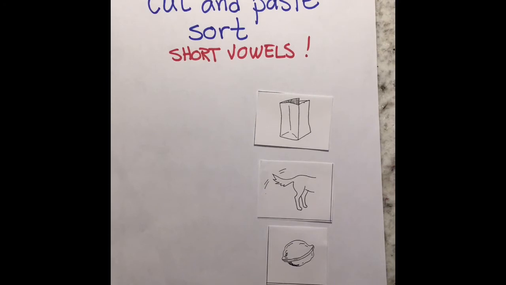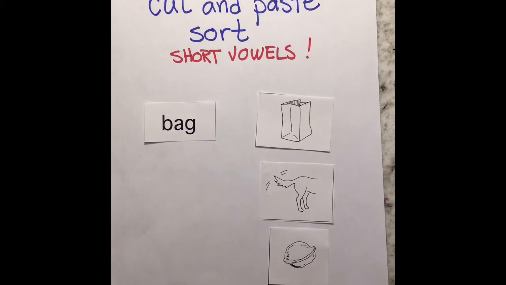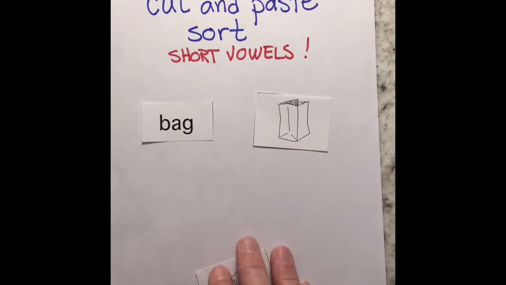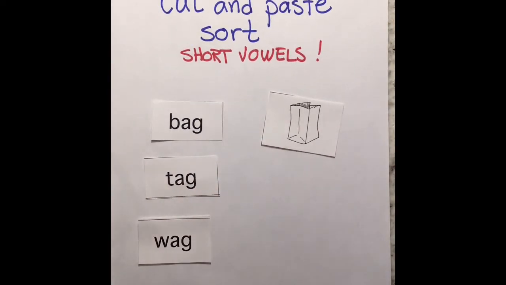And so the way a cut and paste sort would go would be something like this. All right, class. Yesterday we listened for the short A sound, and today we're going to learn how to read some short A words. So this is a picture of a bag. Yeah, we had that from yesterday. Now, one of these words says bag.